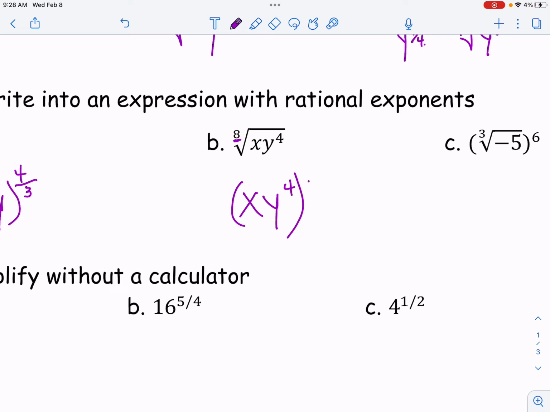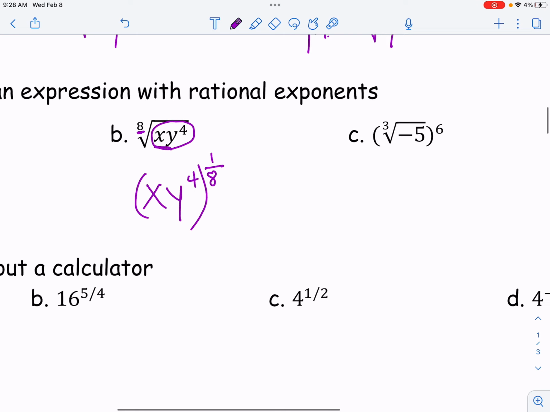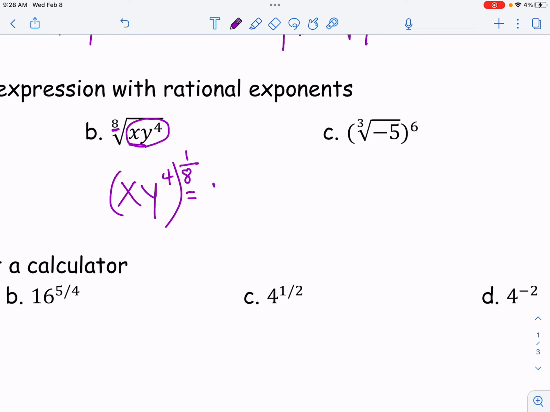The 8 is the denominator, and the exponent is 1. So it's 1/8, and it goes to both x and y to the 4th because both are underneath the radical. And then I can simplify that: x to the 1/8, y, 4 times 1/8 is 1/2.